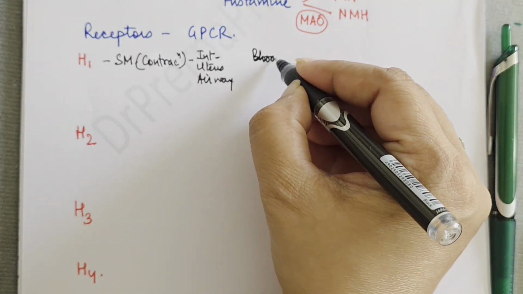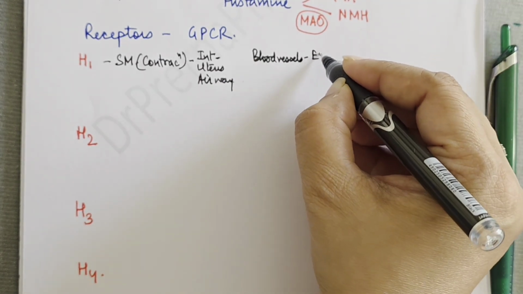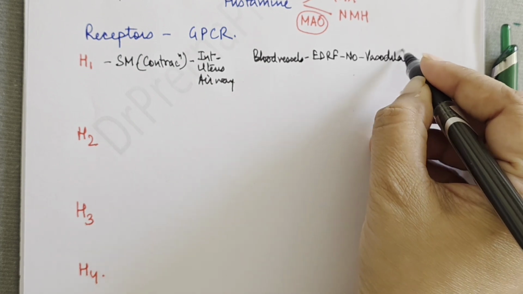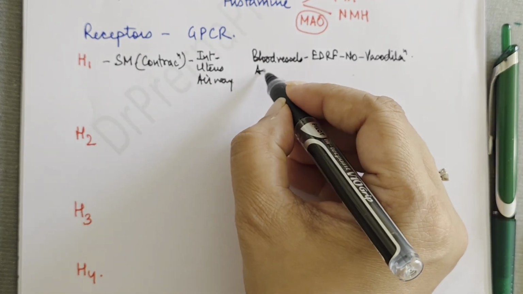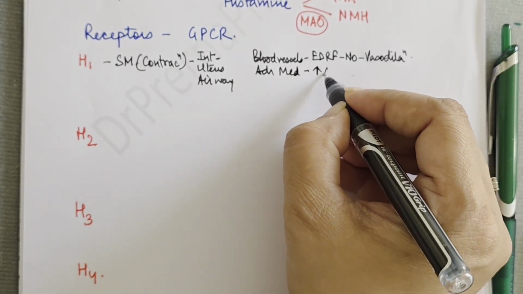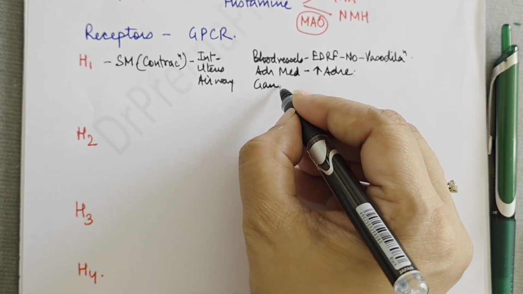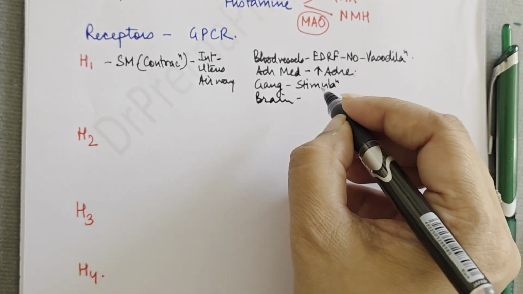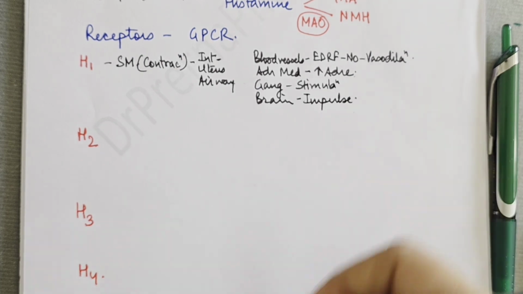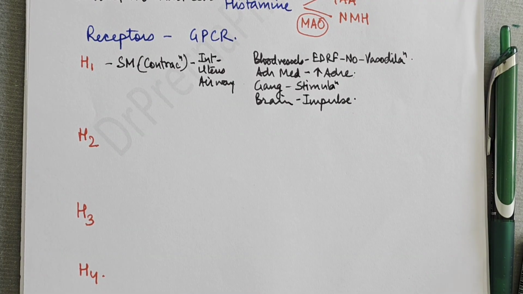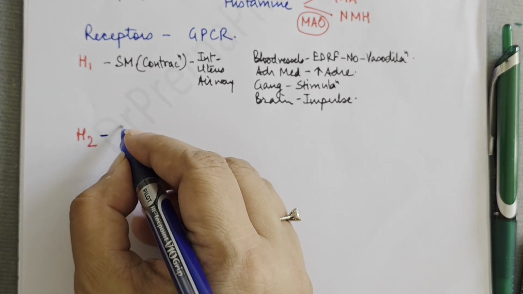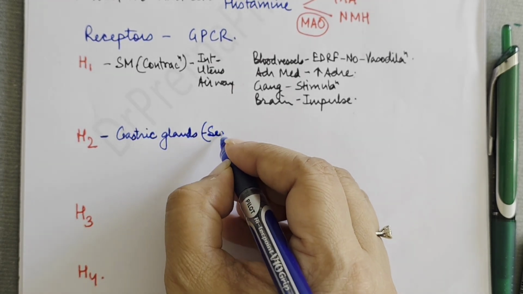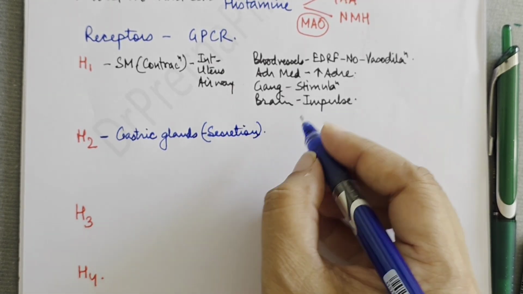Then it is present on blood vessels, and blood vessels पे it causes release of EDRF, which is NO, nitric oxide, so it causes vasodilation. ठीक है, adrenal medulla में it causes release of adrenaline, ganglions में it causes stimulation, and brain में it causes impulse generation. ठीक है, then coming to H2 receptor, this is present on gastric glands, and on gastric glands it causes secretion. ठीक है, so how does it cause?